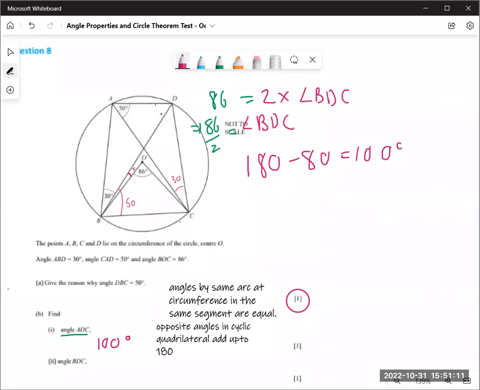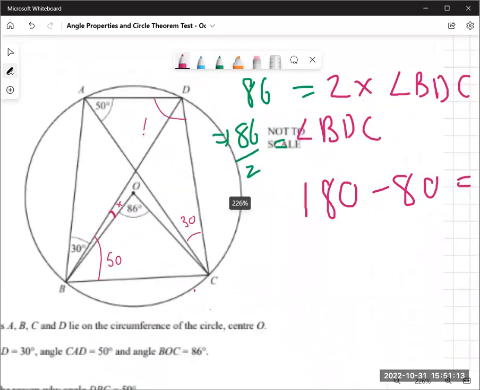So this angle ADC right here is how much? 100, right? And we know that if that is 100 and this is 43, and we also know that's 50.